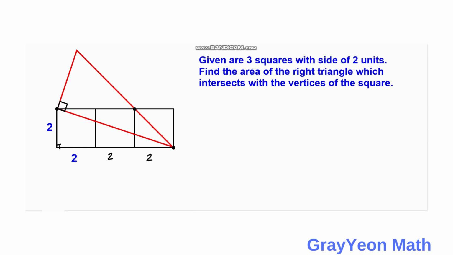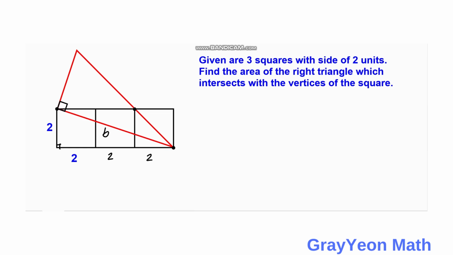But if we call this distance, this base of the red triangle, B, then that is the hypotenuse of this right triangle formed by the red line, which is the base of the red triangle, and also the hypotenuse of these triangles with dimensions of 6 as one leg and 2 as the other leg.